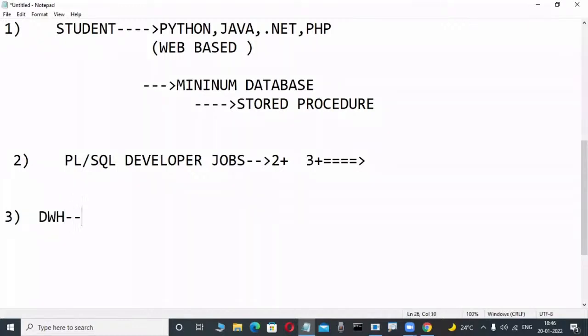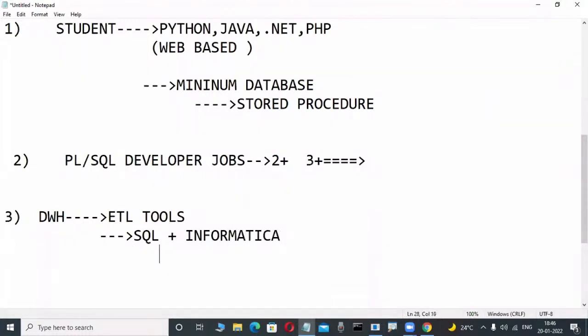In that, there are ETL programmers and reporting programmers. Extraction, transformation and loading, ETL tools. These persons need a little bit of SQL knowledge. PLSQL is not required. With SQL knowledge, they learn tools in institutes also. Informatica is a very popular tool.